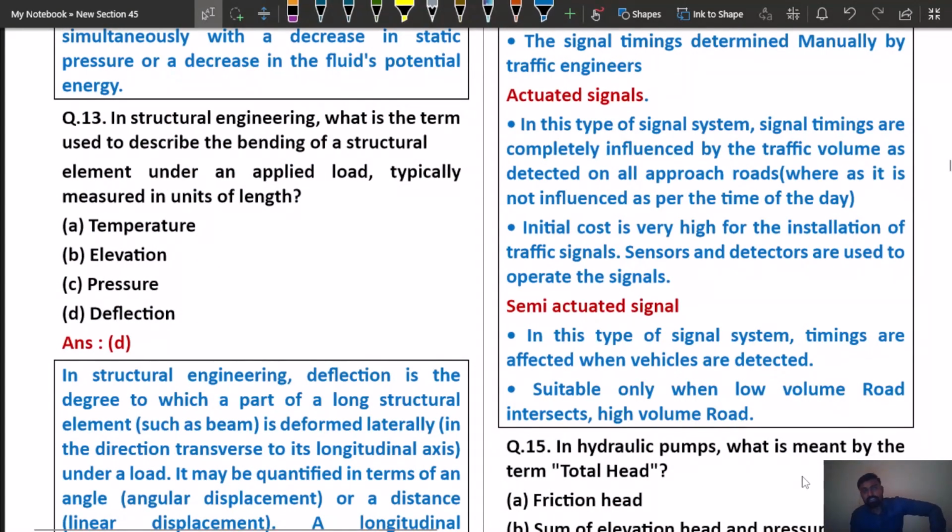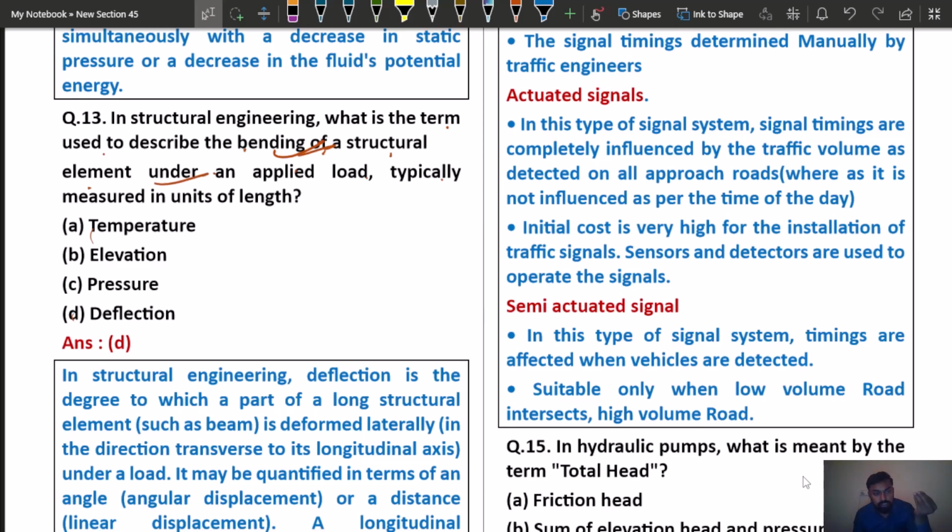In structural engineering, what is the term used to describe the bending of a structural element under an applied load, typically measured in units of length? This question is asking which term from these options is used to describe the bending of a structural element under application of load.